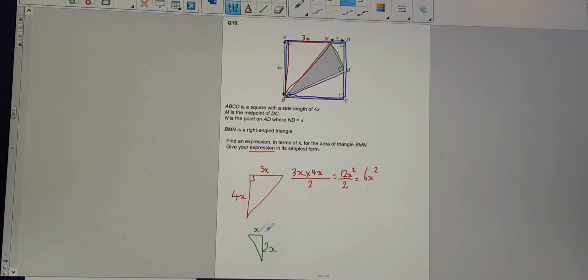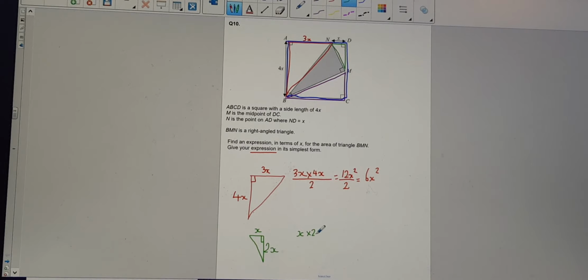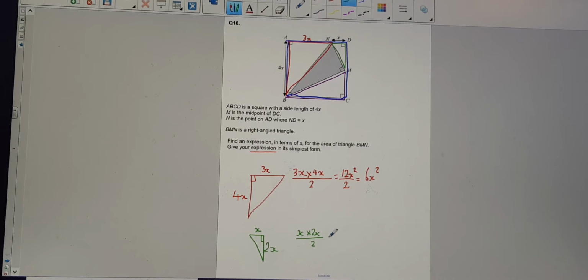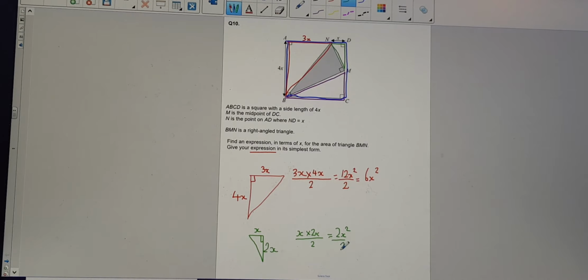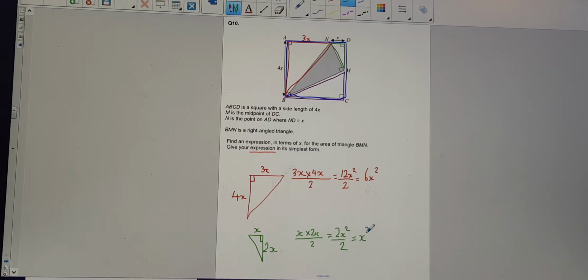So we have base times perpendicular height divided by 2. x times 2x is 2x squared divided by 2 is just going to mean that the area of that bit is x squared.